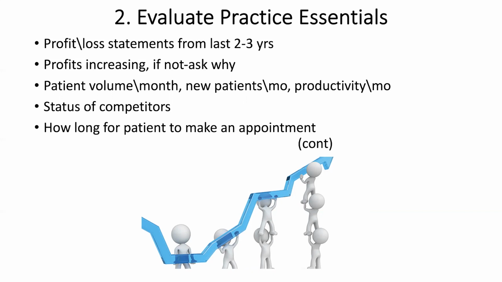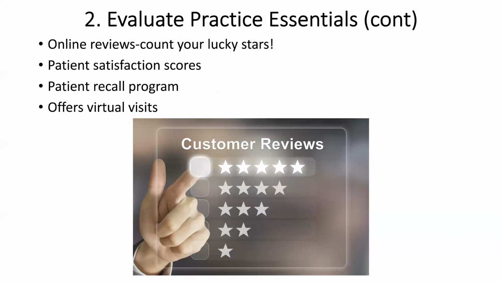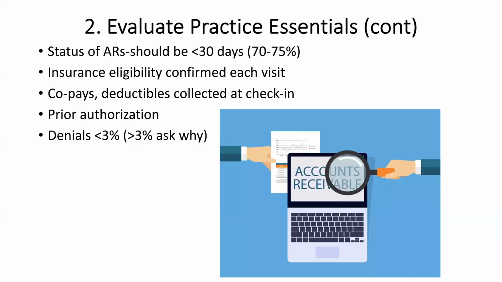A practice that has 4 to 6 weeks or more for a patient to make an appointment has a problem that has to be fixed so that new patients and even existing patients can have access to the practice in a shorter time frame. We need to look at our online reviews, making sure our reviews are at least more than 4 stars. We have to look at our patient satisfaction scores. And a practice today is going to have to offer telemedicine or virtual visits.